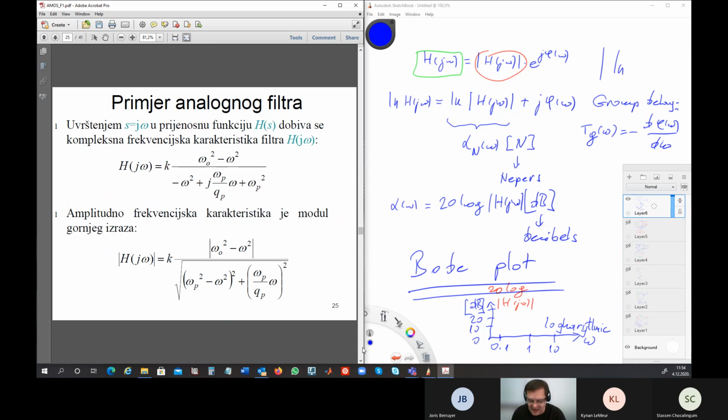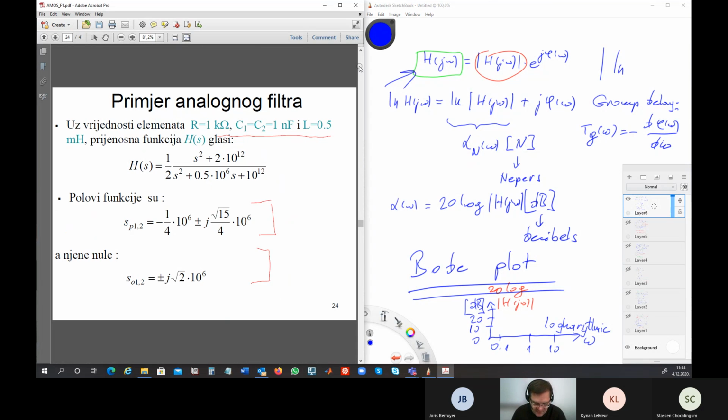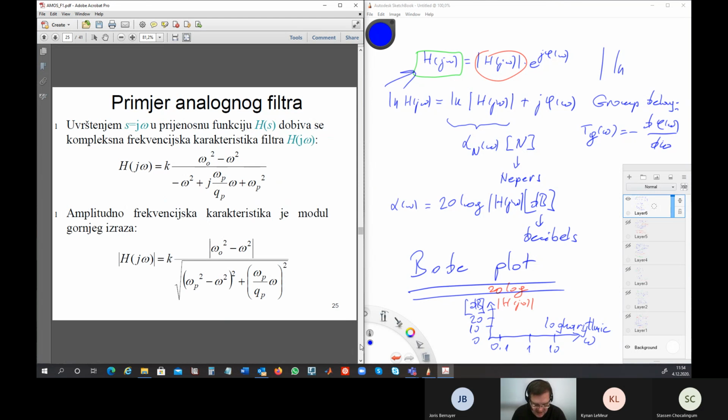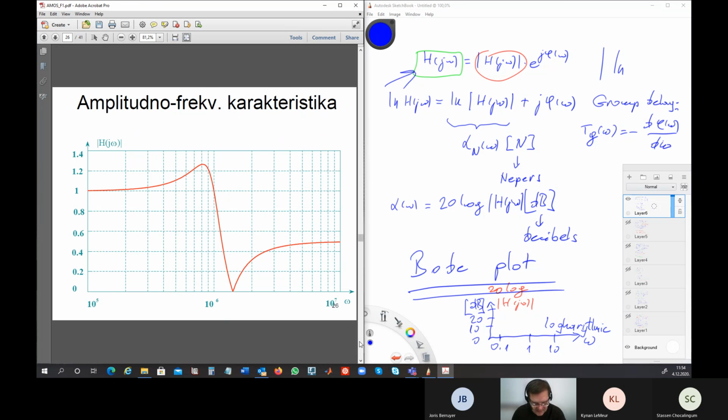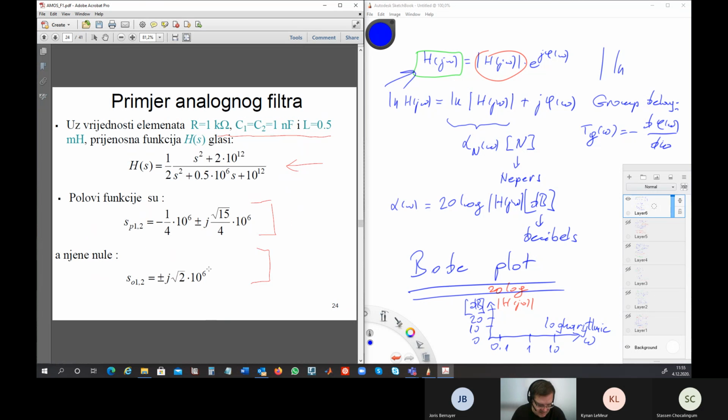When we introduce s equal to j omega into H of s from this slide, we obtain the amplitude frequency characteristic as the absolute H of j omega, and it looks like this. Note here that it has a 0. It goes to 0 for some frequency, and this frequency is called omega 0. This is this one here.